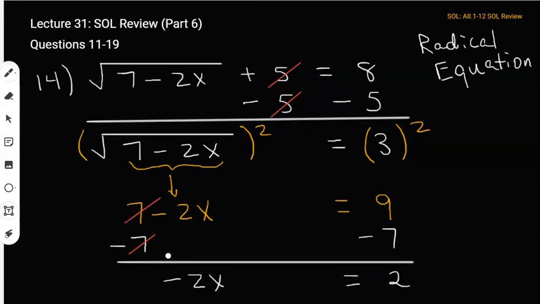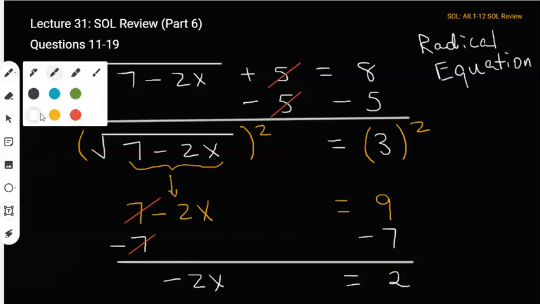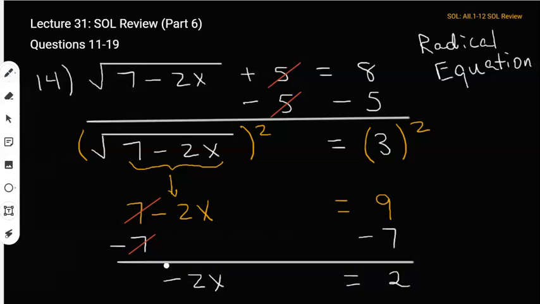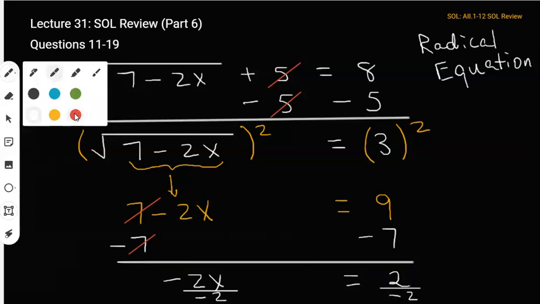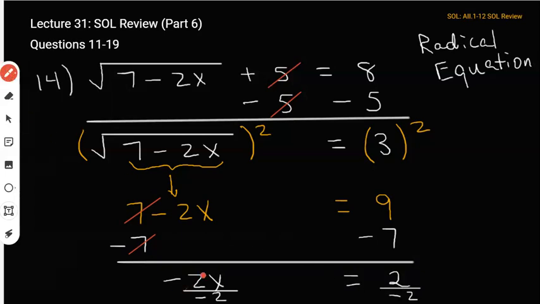So now the last thing I need to do is get rid of the negative 2. Then the x would be all by itself. And since it's multiplying, I'm going to divide both sides by negative 2. The negative 2's are going to cancel out. And then 2 divided by negative 2 is what?